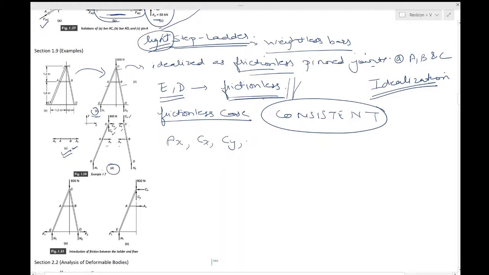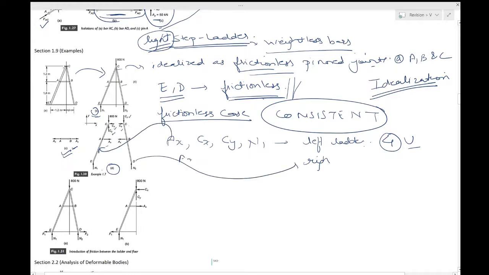And you have N1. Okay, this is the unknown in the left ladder, so these are four unknowns, and for the right ladder you will again have Ax, Cx, Cy and N2 this time.